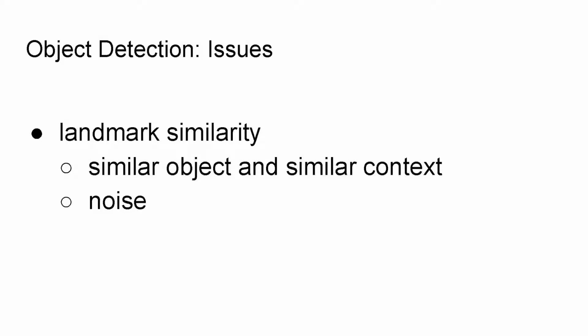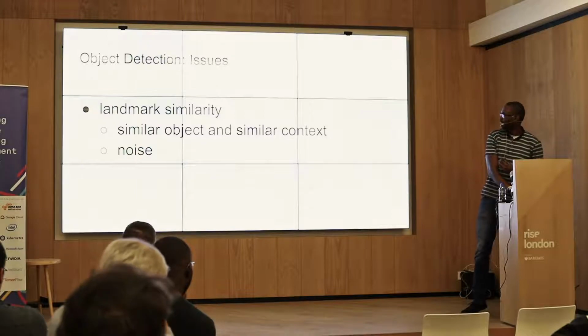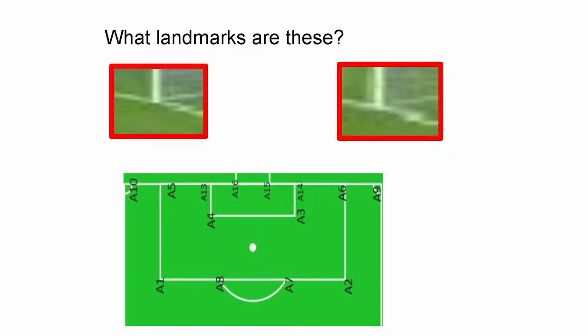But there's a problem with object detection, particularly for the problem I'm trying to solve, which is that the landmarks look locally very similar. What do I mean by that? If I showed you these two images, which label do you think they belong to? A16 or A15? You can sort of tell they're goalpost poles.